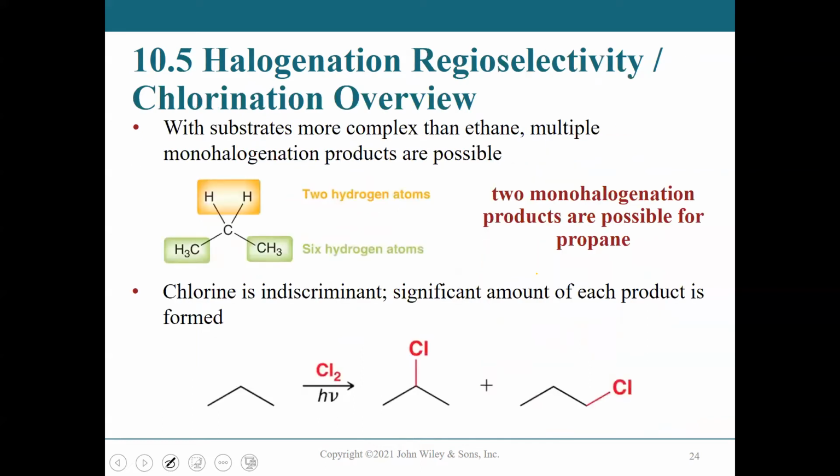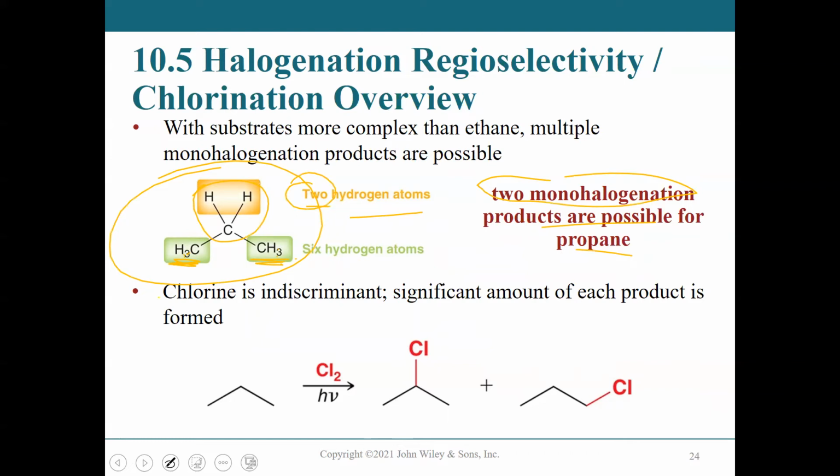So what is the consequence of this? Two monohalogenations are possible for propane. Propane has two primary carbons and one secondary carbon. Statistically speaking, you have 6 options for primary radical formation and only 2 options for secondary formation.